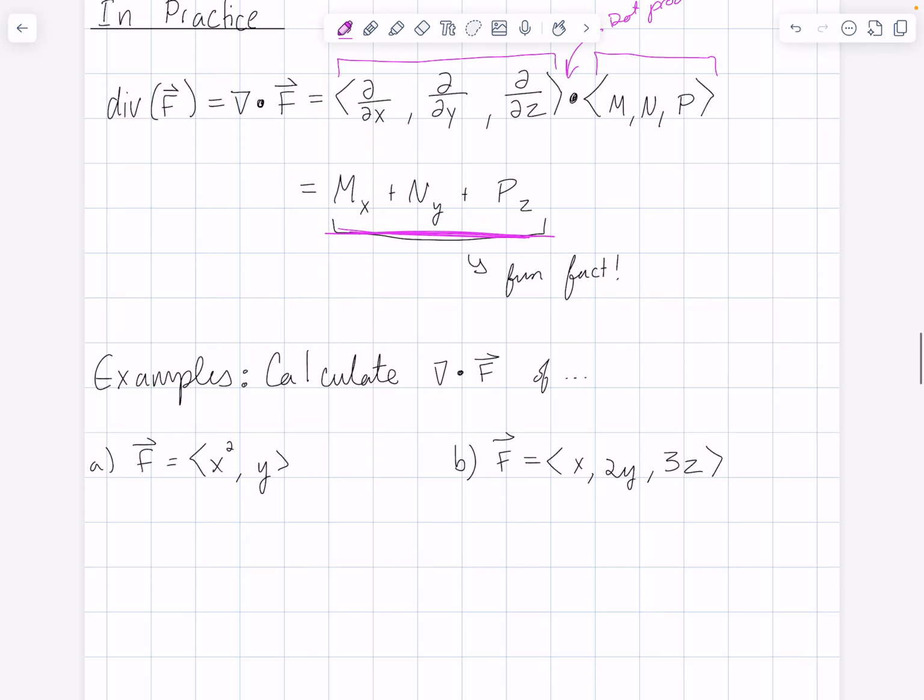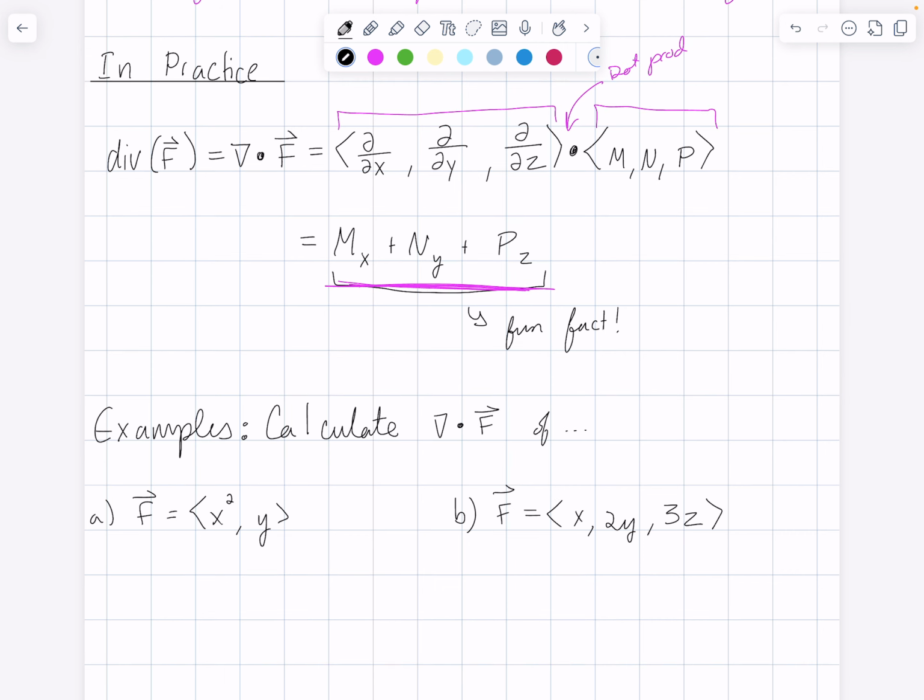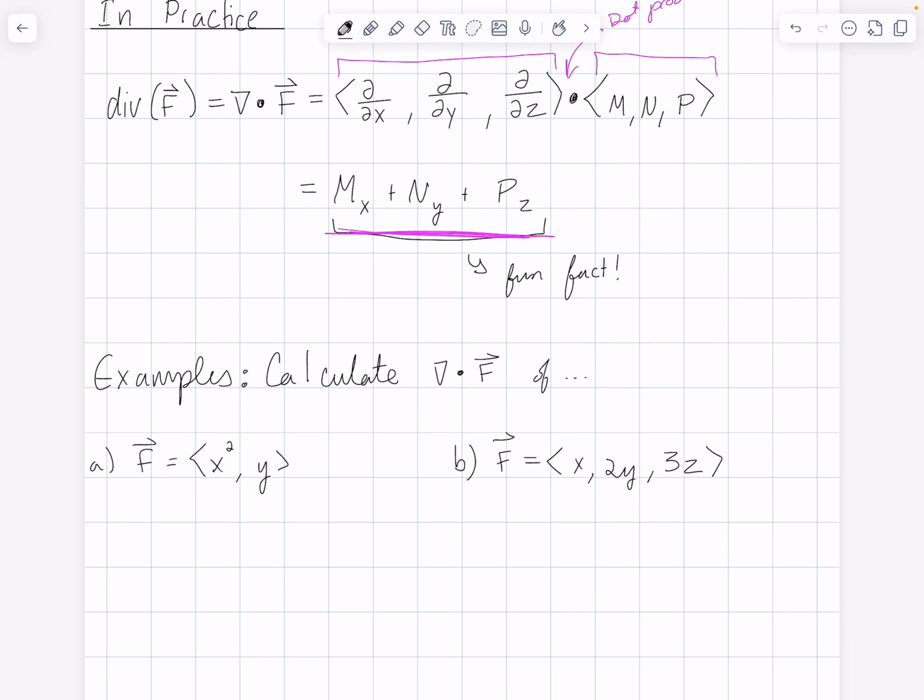All right, so let's do a quick example of calculating our divergence. So let's start with this first guy. And what we are going to do here is dot product them. And here, this one is in just 2 dimensions.